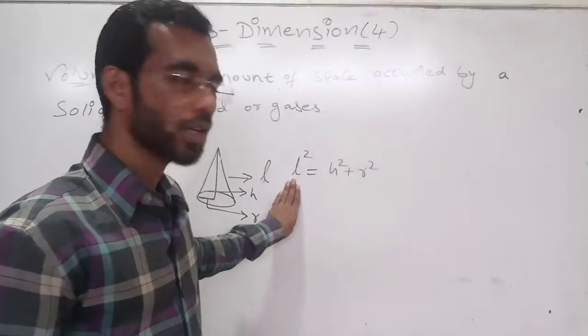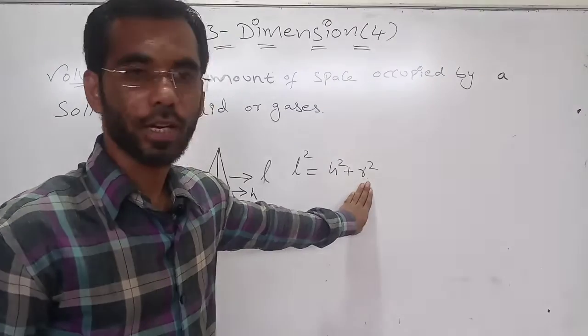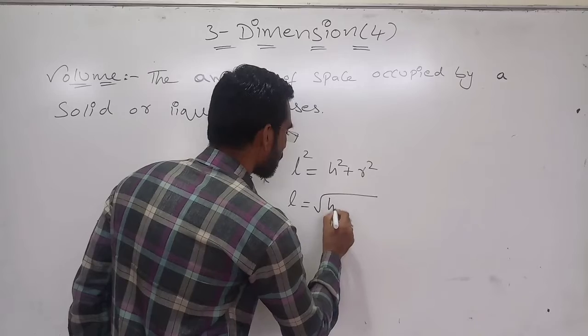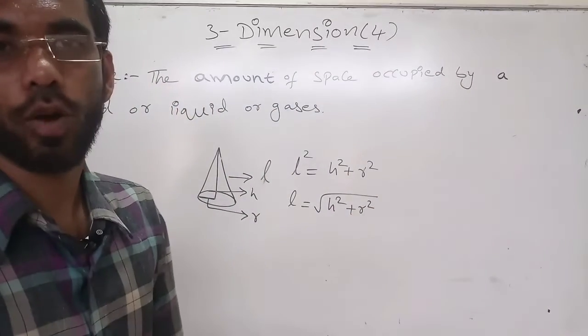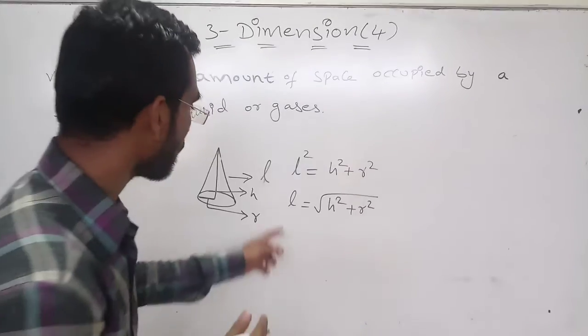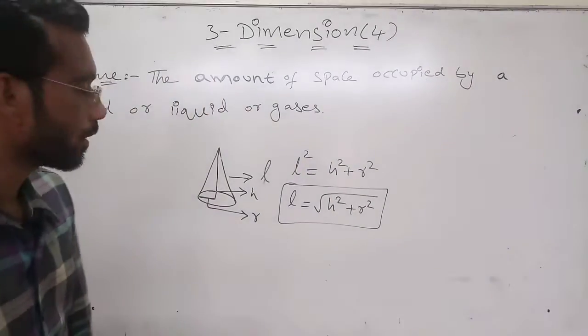What is L? Slant height. What is H? Height. And what is R? Radius. Now, L is equal to under root H square plus R square. This is the formula to find the slant height.